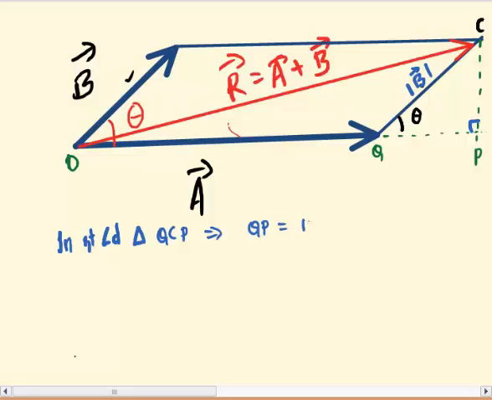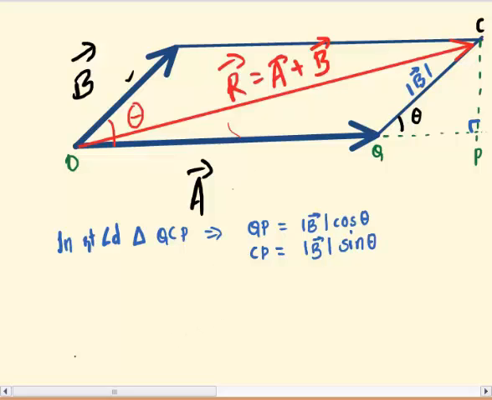Hypotenuse is mod of B. This can be written as cos theta, because as you know, cos theta will be equal to base by hypotenuse, and base is QP. Then we can cross multiply to get QP equal to hypotenuse cos theta. Similarly, the length of CP can be written as mod of B sin theta.